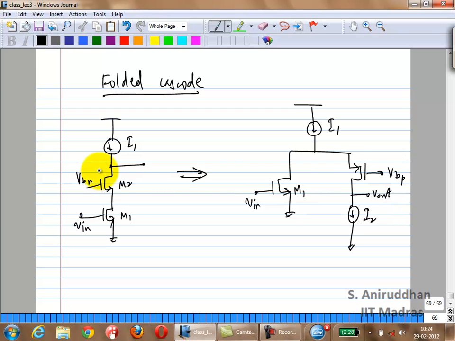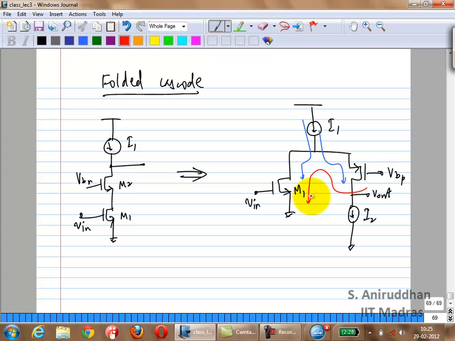Right, we have looked at this before. All you are doing is, the bias current splits like this. The signal current flows out like this from the output.